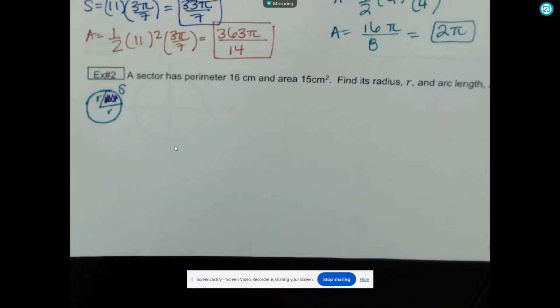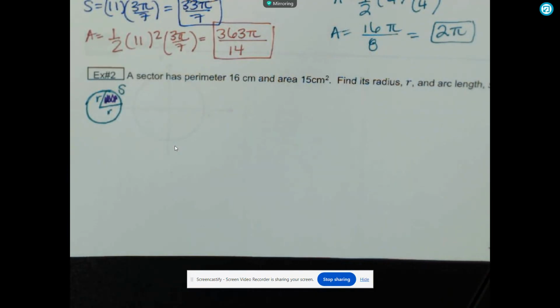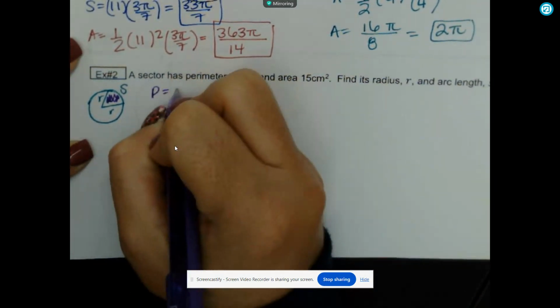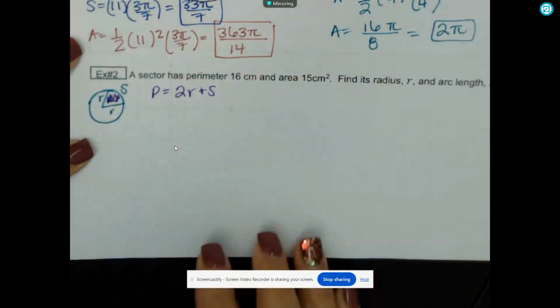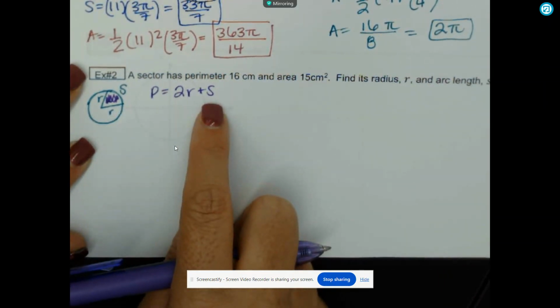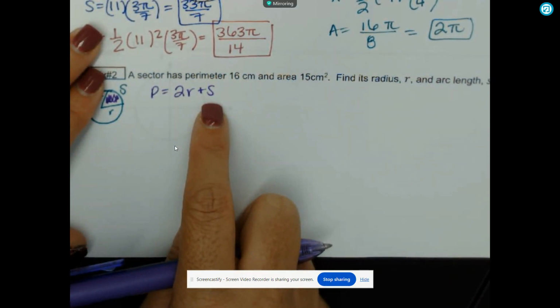Well, what is perimeter? How do you get the perimeter of anything? Add all the sides. So what are our sides here? R, R, and S. So we can say that the perimeter equals 2R plus S. Everybody with me so far? Well, what is S the same as? Using our formulas, S is R theta.